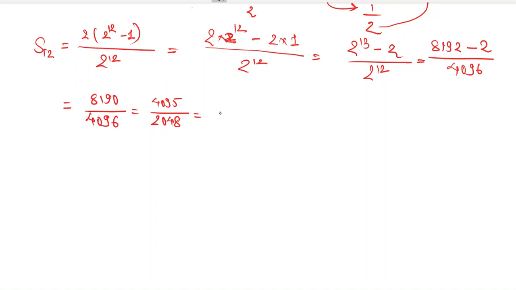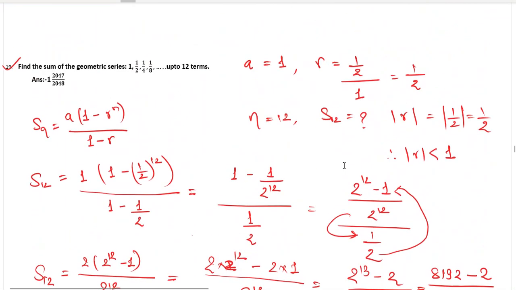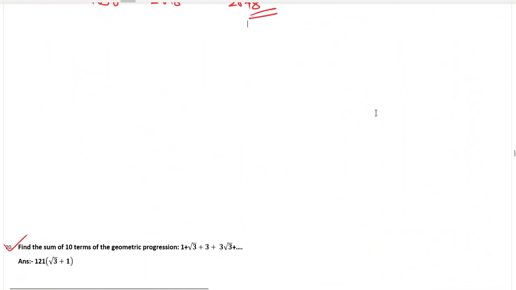So it will become 1 and 2047 upon 2048. This is the final answer. Let's go ahead. This was question number 15. Let's go to question number 16.